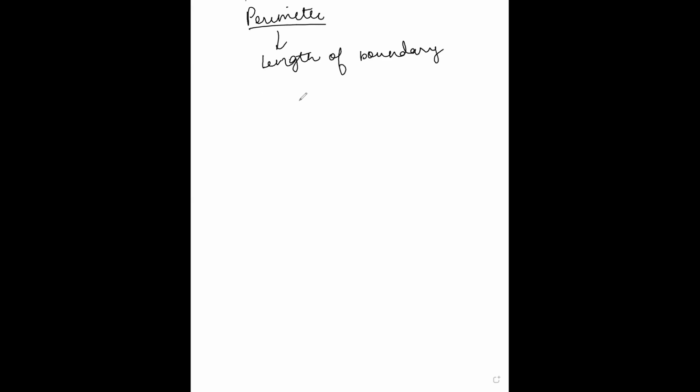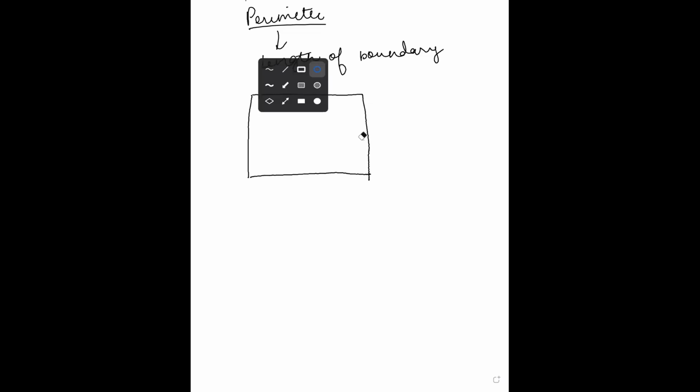So let's say we have a square. Hiba, can you tell me any random side for the square? 4 centimeters.